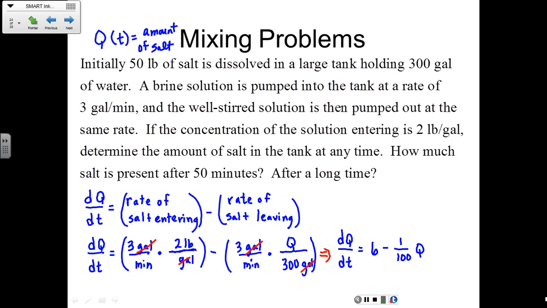Let's go to the next page. Y'all were talking about, Austin said something about the 50 pounds of salt, 300 gallons of water. We're going to use that for our initial value, at time equals 0.